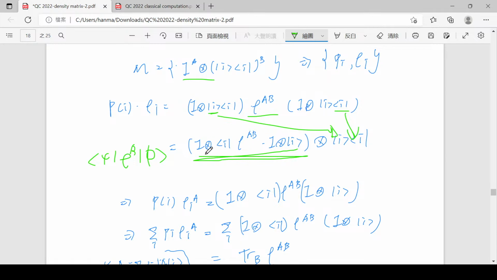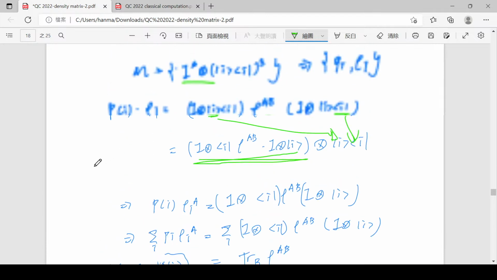So when you sandwich your rho AB with the identity tensor I bra and identity tensor I ket, the B part just becomes a number, so this becomes just a matrix on the system A. Okay. So that's the tricky step of this calculation, where you separate this bra and ket into something that will kill the B part here and something left over on the B part.